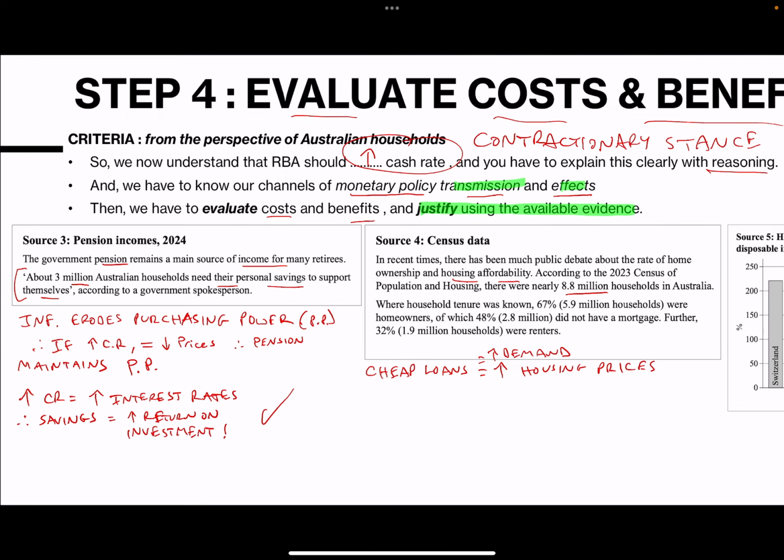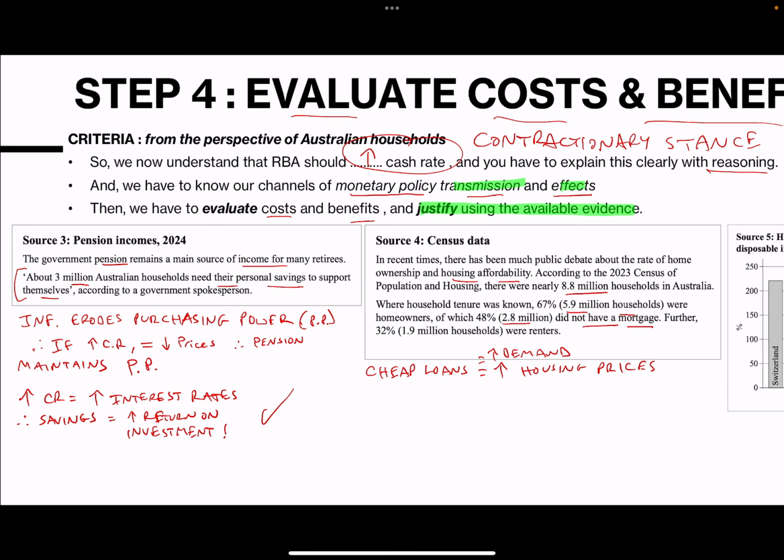And this is where I have a few actual hassles with the question. Householders' tenure was known. 5.9 million households were homeowners and 2.8 million did not have a mortgage. Let's do the maths on that.